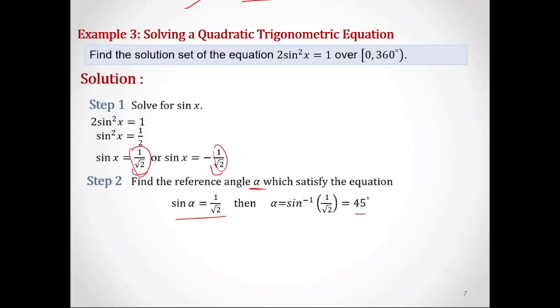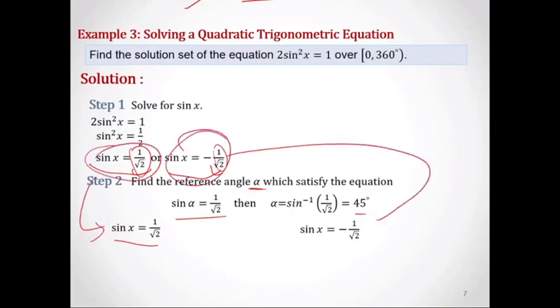And now, after finding the reference angle, what we do here is find the quadrants of x. For sine x positive, it will be the first quadrant and the second quadrant. So you say, okay, these are two different cases here. The first one is here, the second one is here.